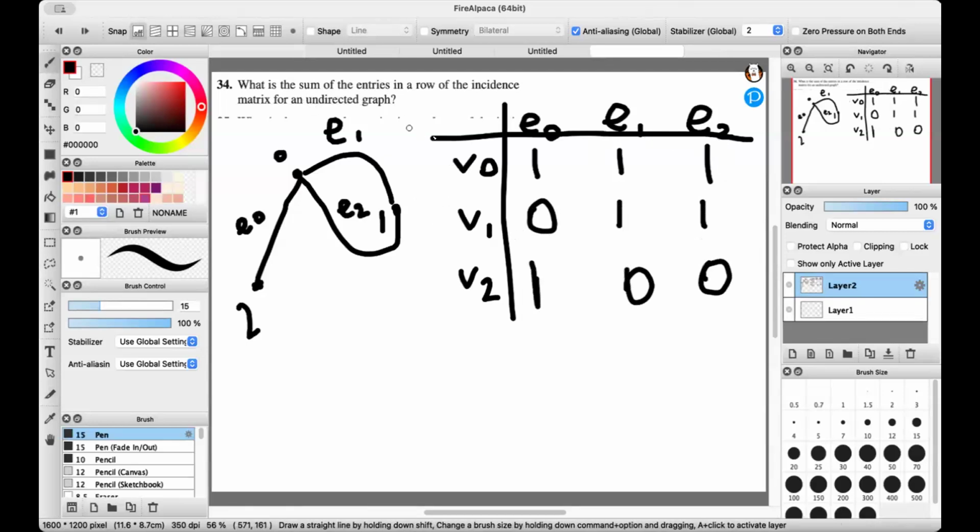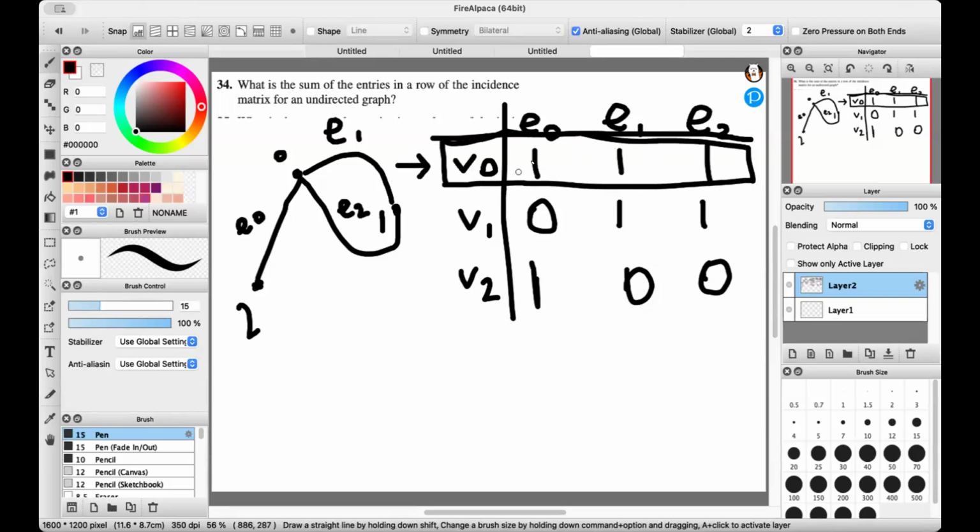So what this question is asking is, what does the sum of the entries here represent? So if I have, for a vertex, 3 edges that connect it to other vertices in an undirected graph.